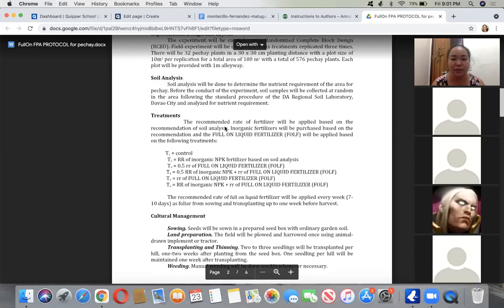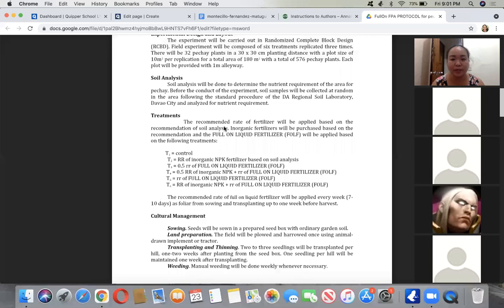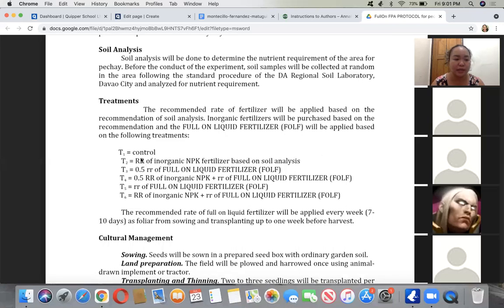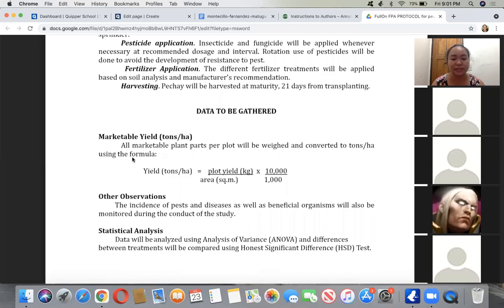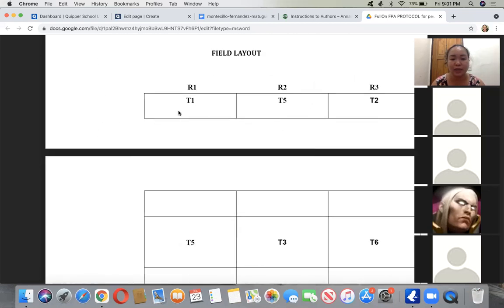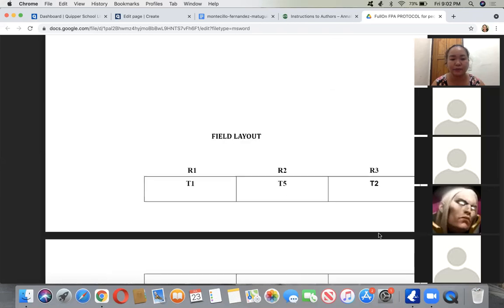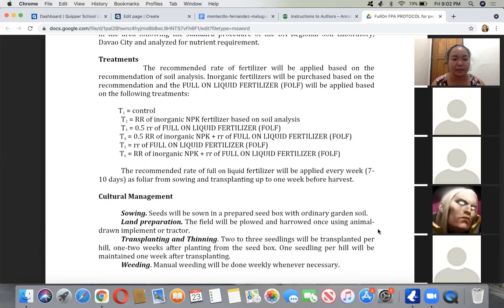So, eto na yung mga treatments. The recommended rate ng fertilizer is based on soil analysis. So, again, na-discuss na natin ito based on protocol, ha? Na meron tayong control or walang application. So, as you can see, ang mga T1 dito ay walang application yan. So, going back, meron tayong recommended rate ng inorganic NPK fertilizer.